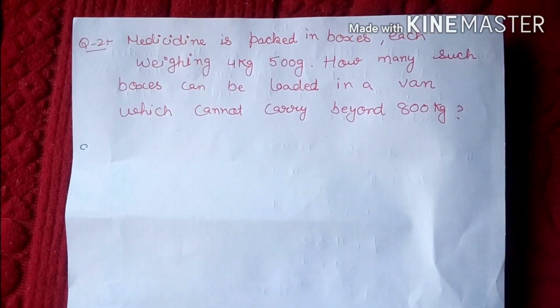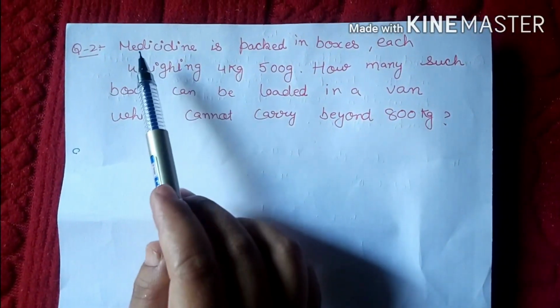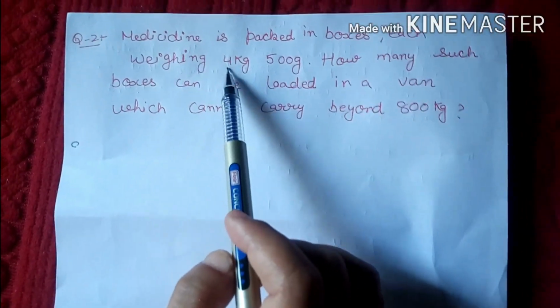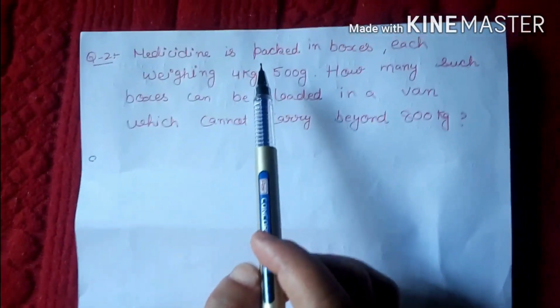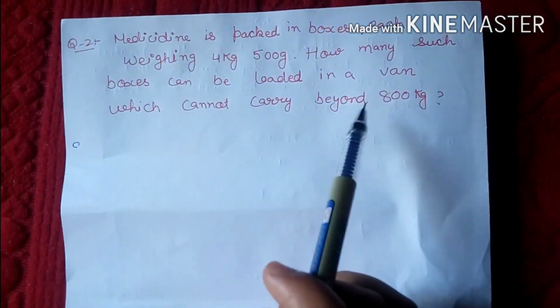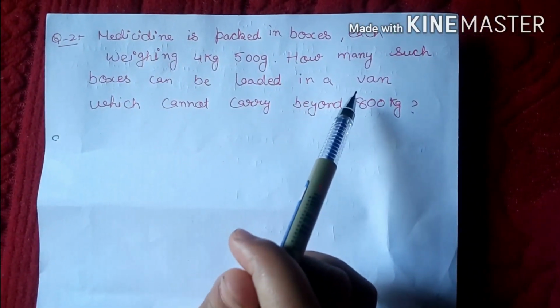Now coming to our next question, question number 2. Medicine is packed in boxes. Each weighs 4 kilogram 500 gram. How many such boxes can be loaded in a van which cannot carry beyond 800 kilogram?